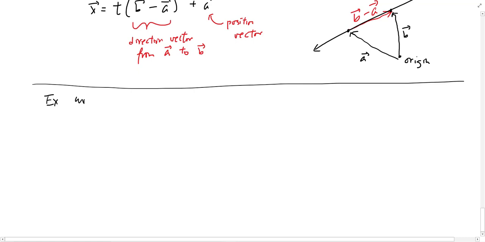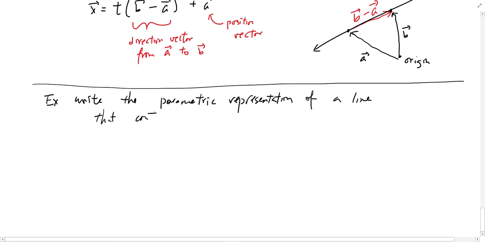Suppose I'm going to ask you to write the parametric representation of a line that contains the points, let's say, (1, 2, 0, 5) and (-3, 4, 1, 1).